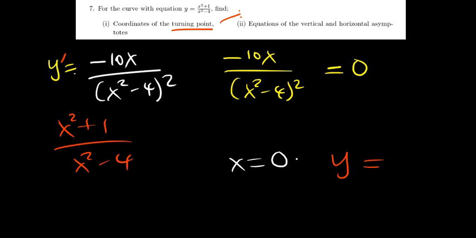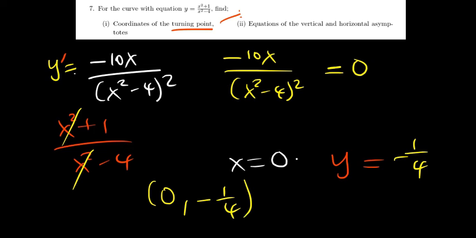Take note of that. If you plug in 0, you remain with 1 over negative 4. So we have (0, negative 1/4). That's one thing you need to take note of. So this is our turning point.